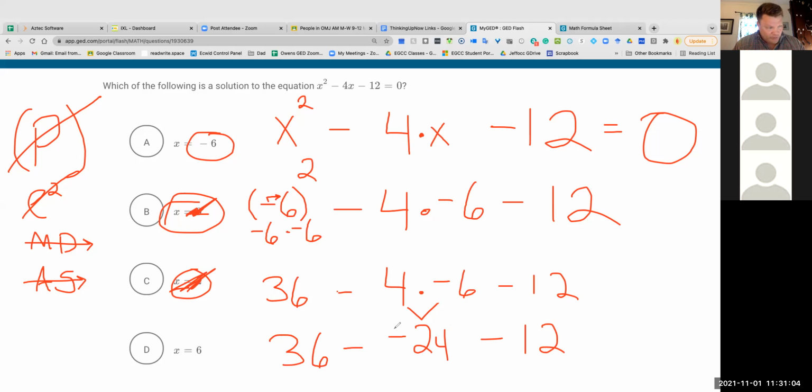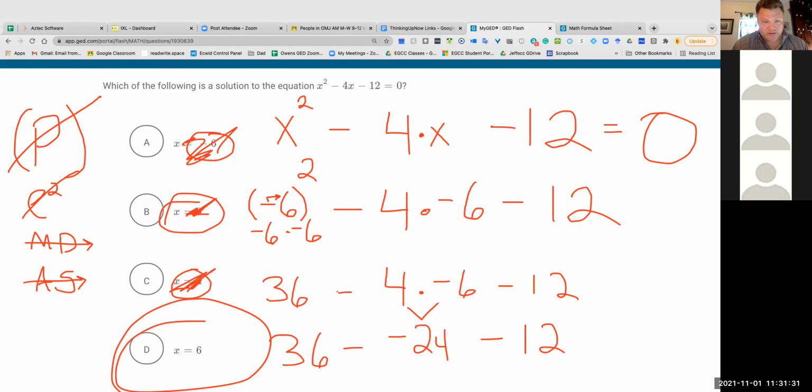Now, of course, we could flip these. Minus a negative is the same as plus a positive, or we could just type it into the calculator as it looks. And we go 36 minus negative 24 minus 12, 48. So that's not it. It's got to be 6.